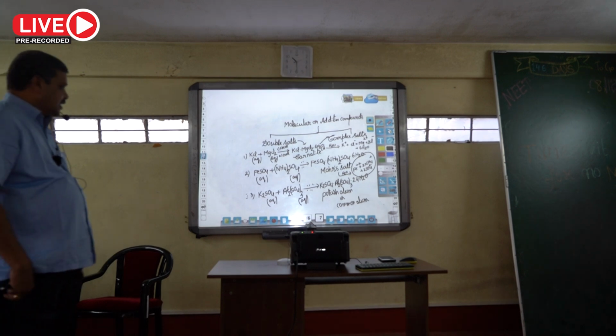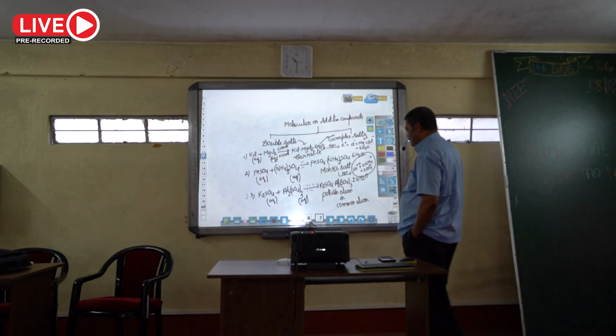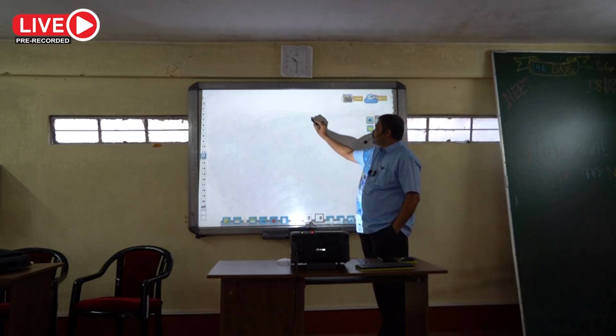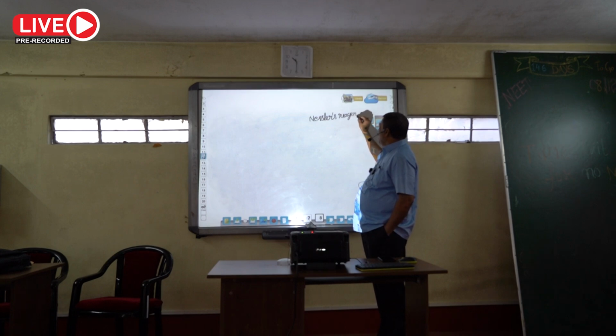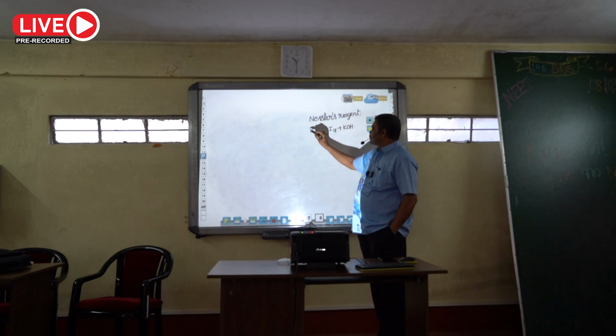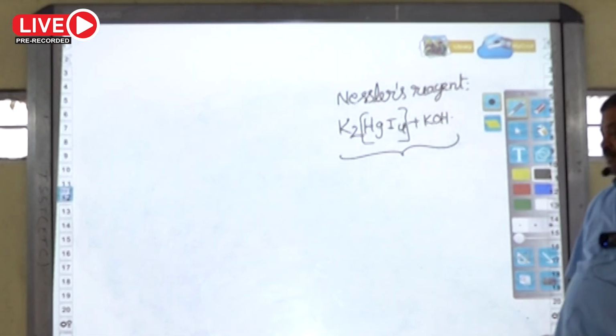So Nessler's reagent is K2HgI4 plus KOH. This mixture is called Nessler's reagent.